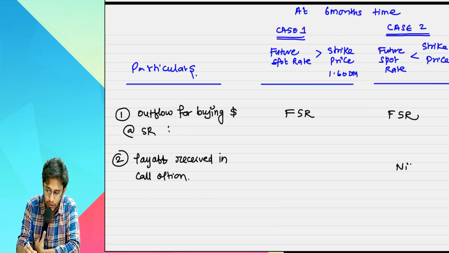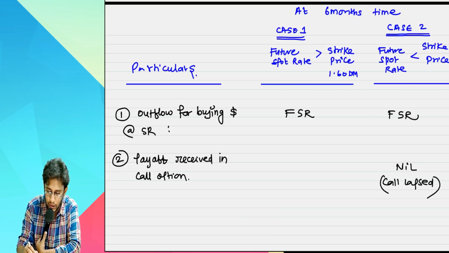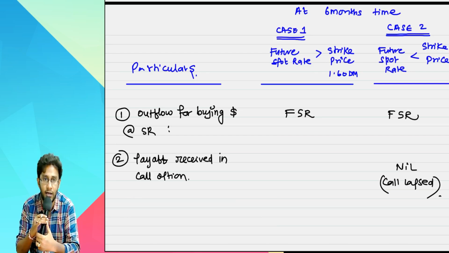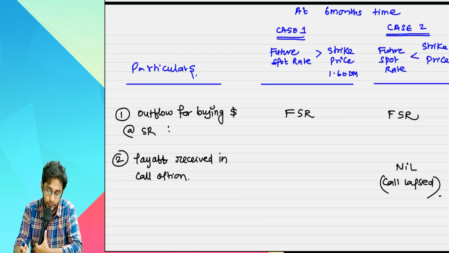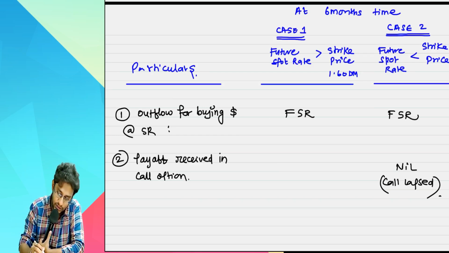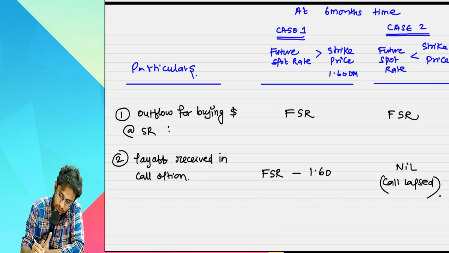Here it is nil because call will be lapsed, because market spot rate is cheaper than the strike price, but in the first case option gets exercised. How much payoff will you get? Spot rate minus strike price, so that is nothing but FSR minus strike price. Strike price is how much? 1.60. This is spot rate minus strike price.